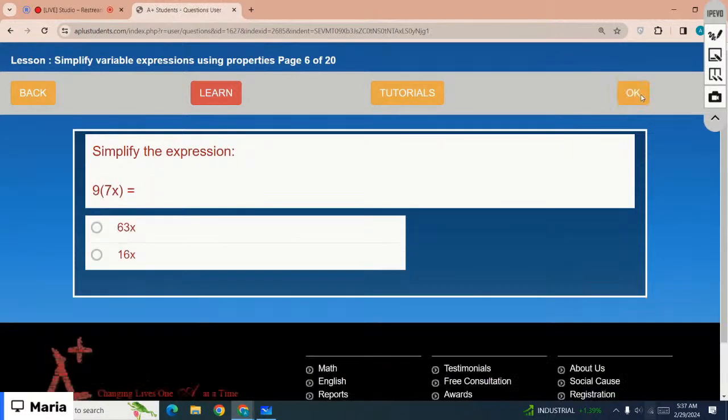Next one is simplify the expression 9 times 7x.